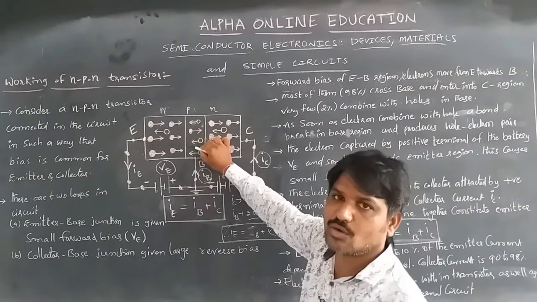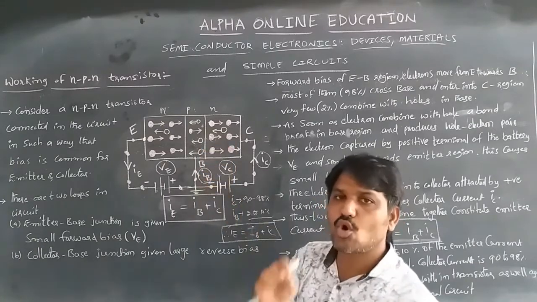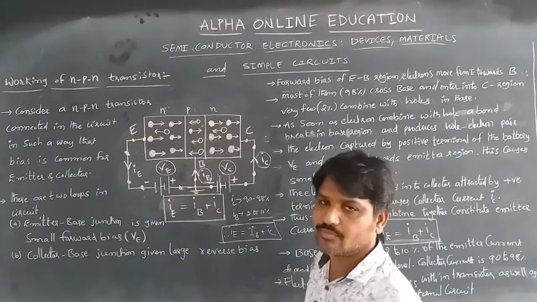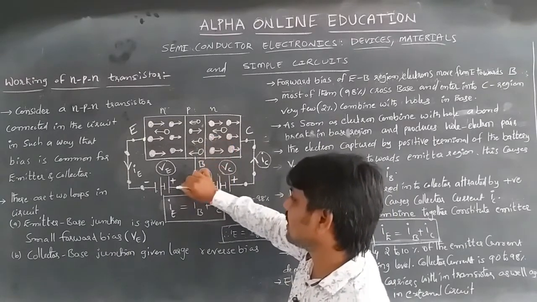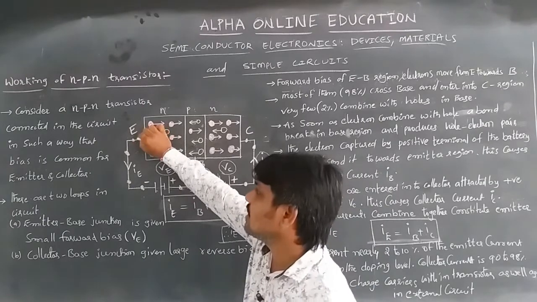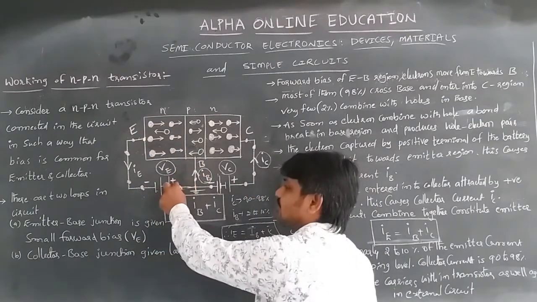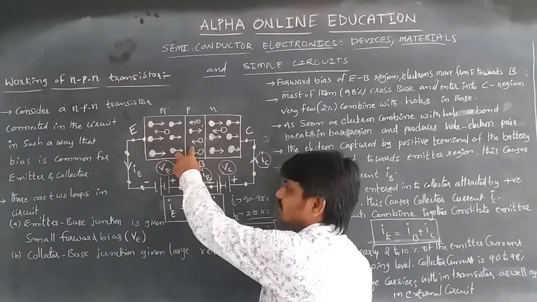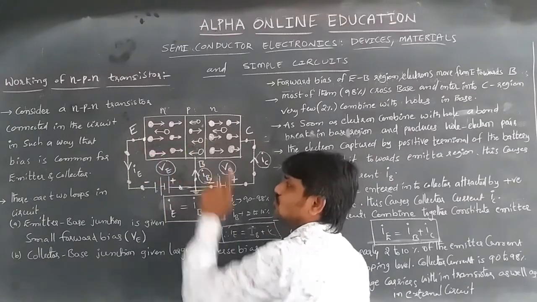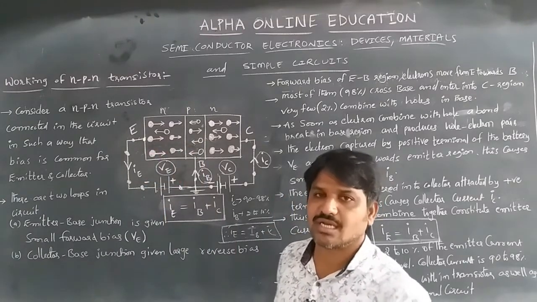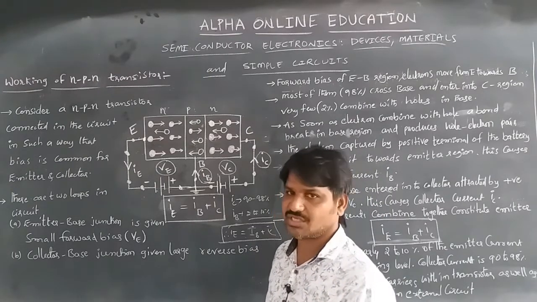Whenever they combine, the bond breaks and forms a hole-electron pair. The electrons staying in the base are attracted by the positive terminal of the battery VE and sent to the emitter region, which causes a small base current in the emitter-base circuit.